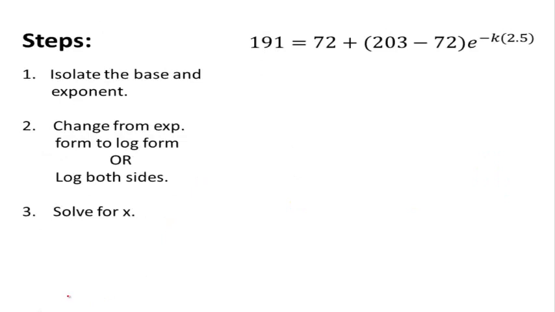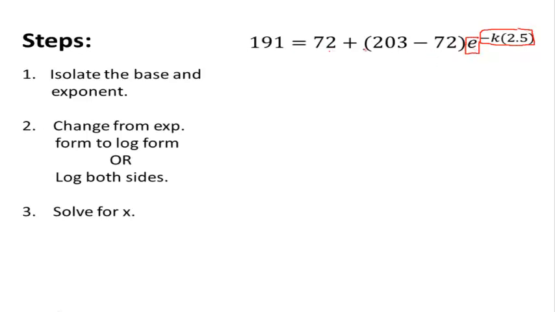That is what we get when everything has been plugged in appropriately. And we still have our steps on the side here to remind us. Our goal to start things off is to get the base and the exponent all by itself. Where is that exponent? That's over here, this negative k times 2.5. What's the base of that exponent? That's the e.